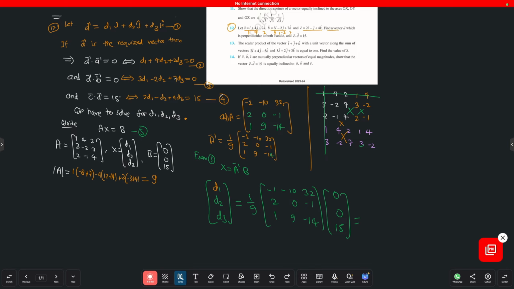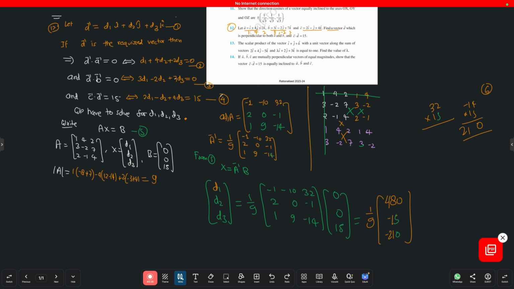Don't send 1 upon 9 inside, just multiply first. So 0 plus 0 and 30 into 15, that is 450. Then 0 plus 0, and minus 1 into 15, minus 15. Then 0, 0, minus 14 into 15, minus 210.